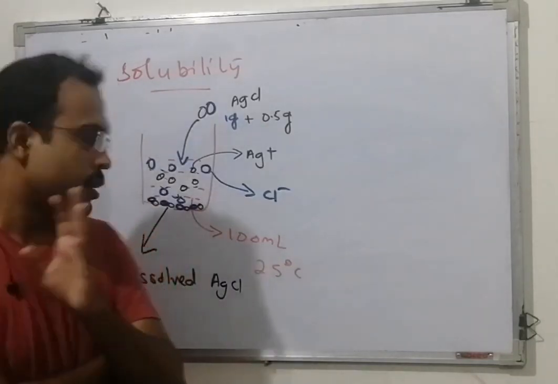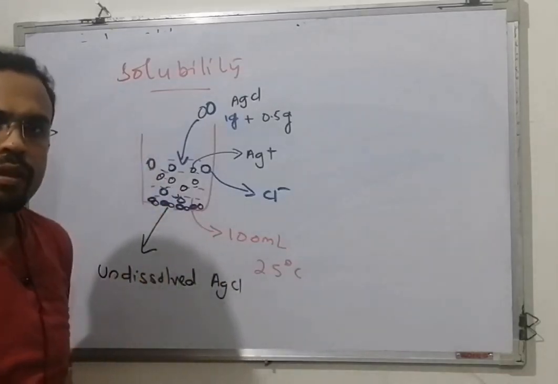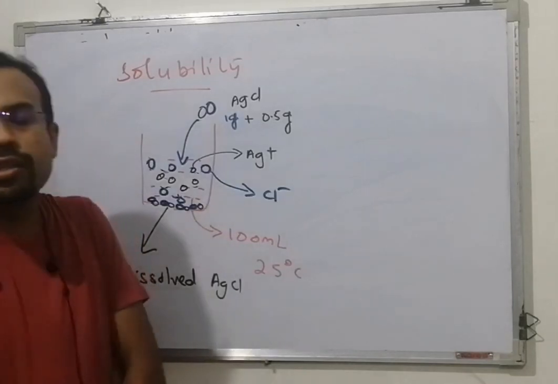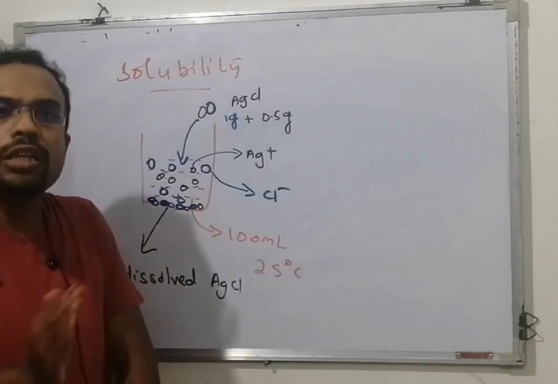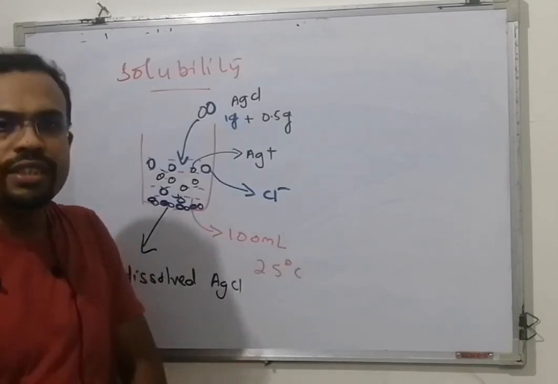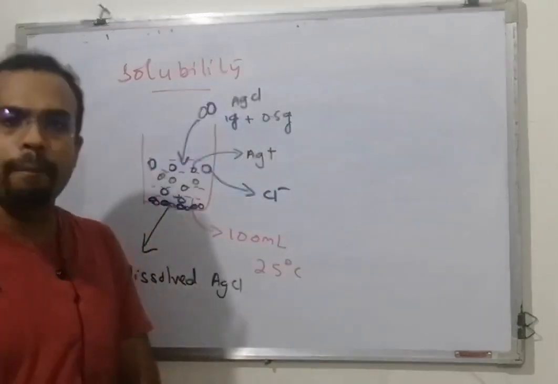What I did: 100 ml water at 25 degrees centigrade. I add a small amount of AgCl, completely dissolved. Again small amount, dissolved. Again small amount, dissolved. Total I added 1.5 gram.